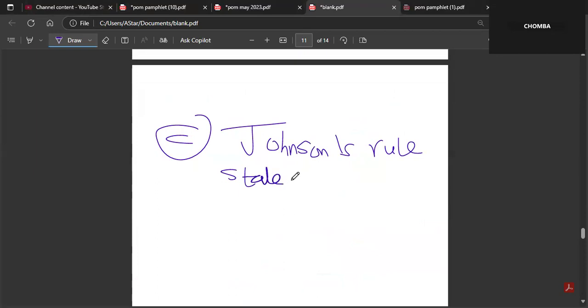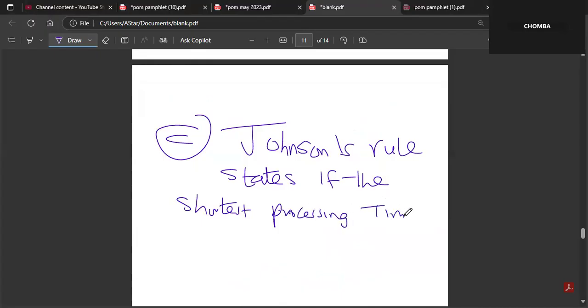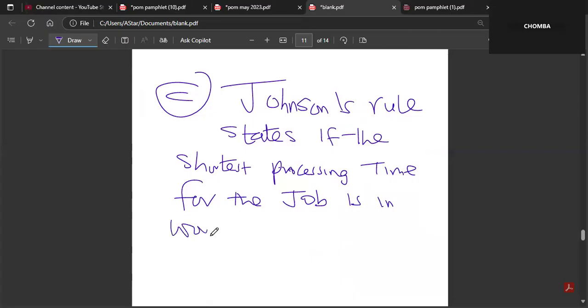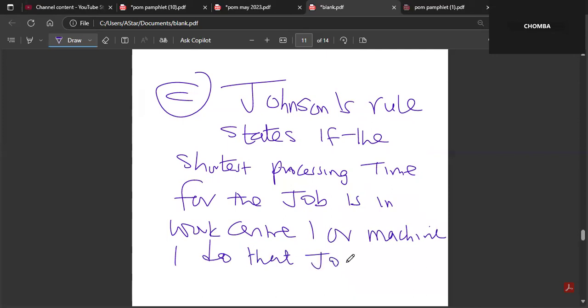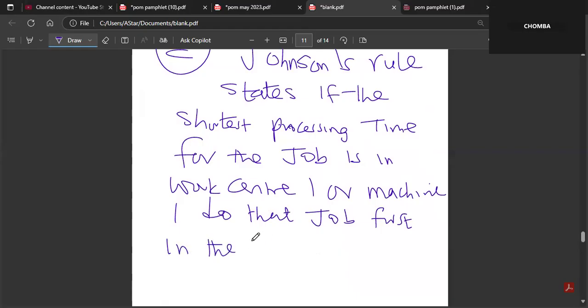Johnson's rule states that if the shortest processing time for the job is in work center 1 or machine 1, do that job first in the schedule.